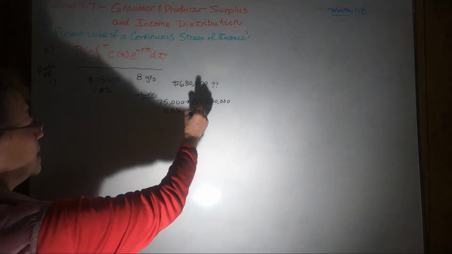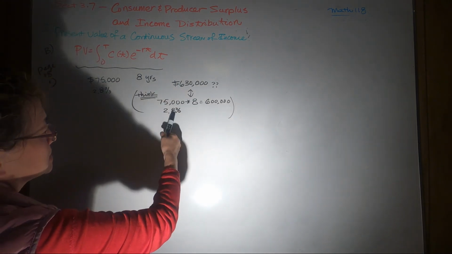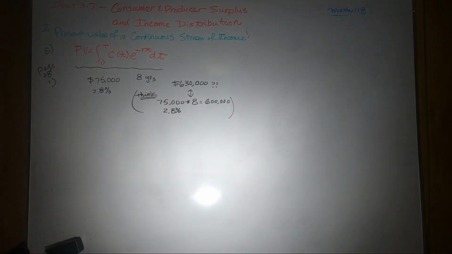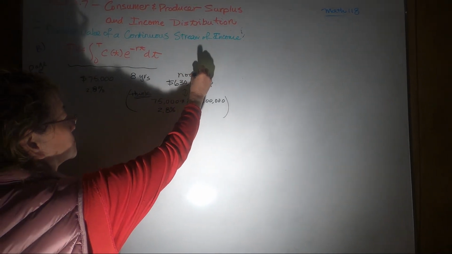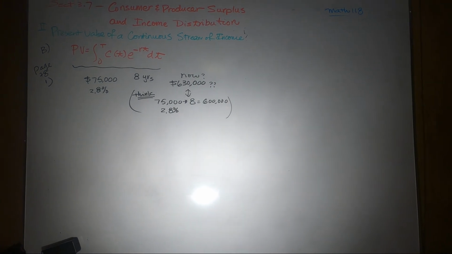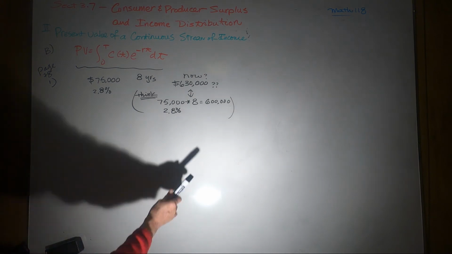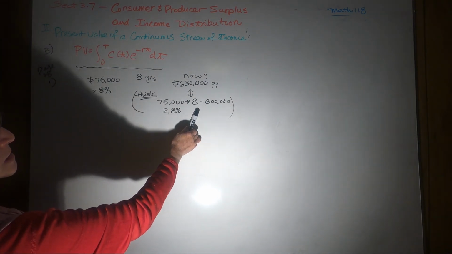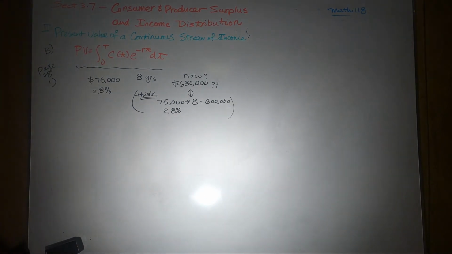So comparing this to this, you say, okay, very close to $630,000 right now. Do you think it's worth the trouble? Does it value that much? Because $600,000 would be 8 years later. But consider the interest, compounded continuously. You might think, oh, it's worth it or not.